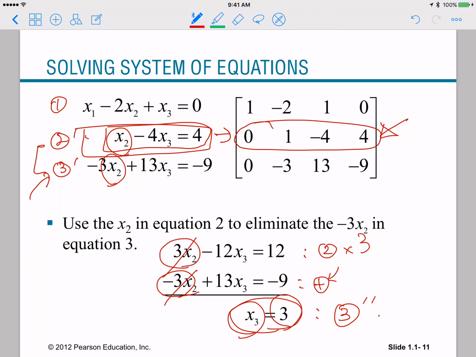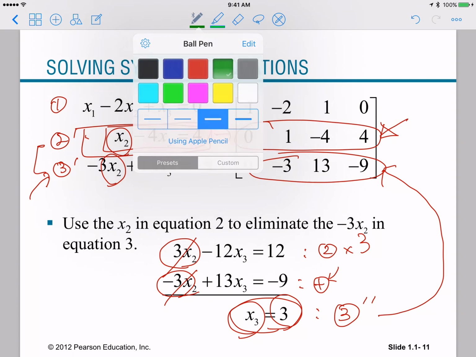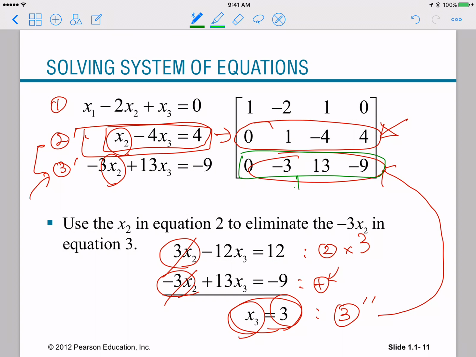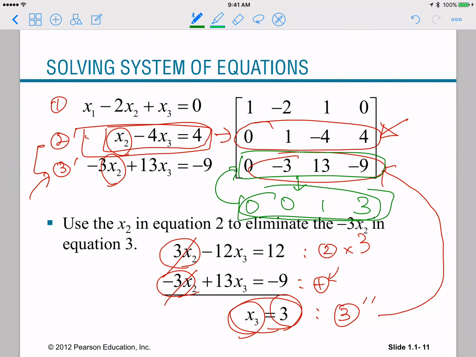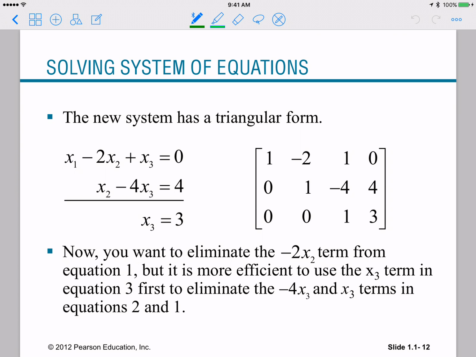Okay, and then we can replace this old third equation with the new third equation, which will change the third one into 0, 0, 1, and 3. Right. So this one will be our new third row, or horizontal vector.